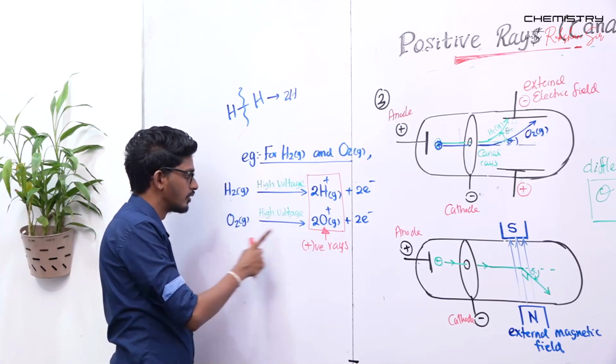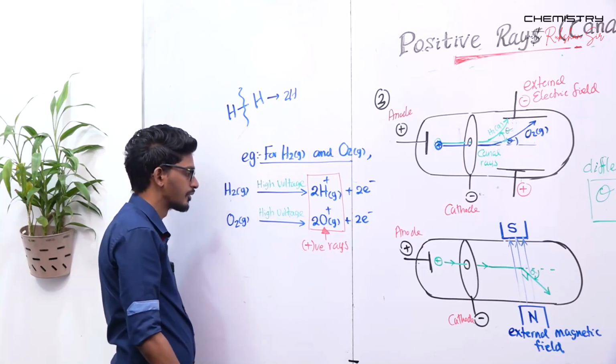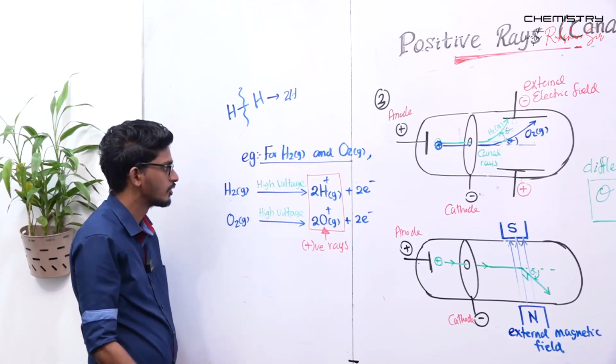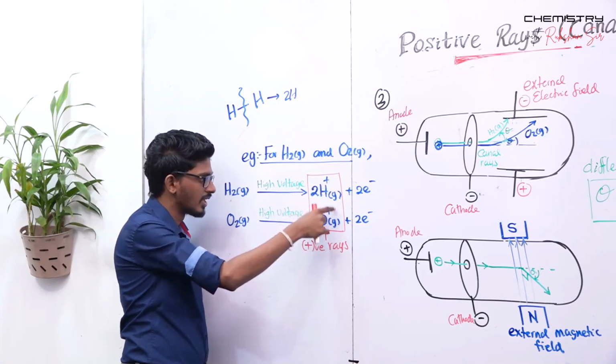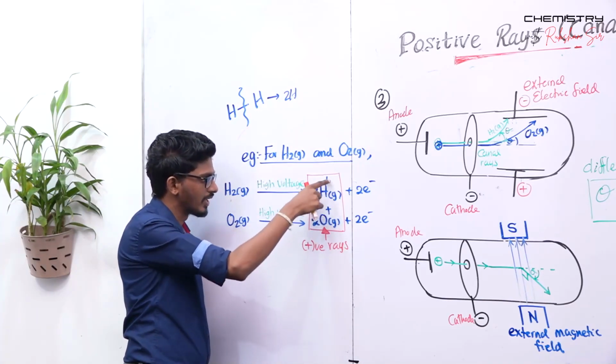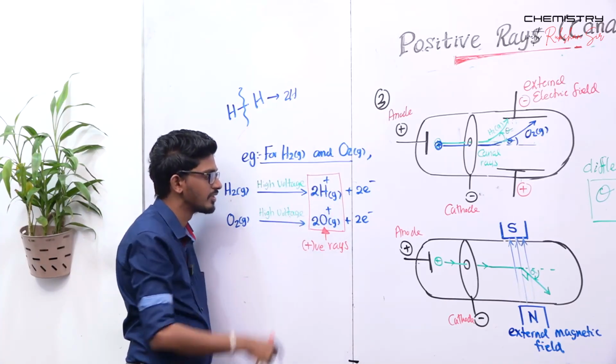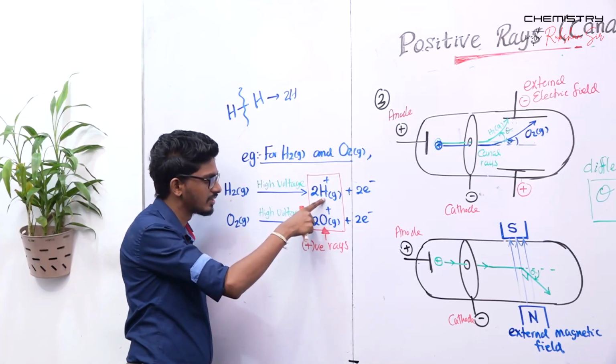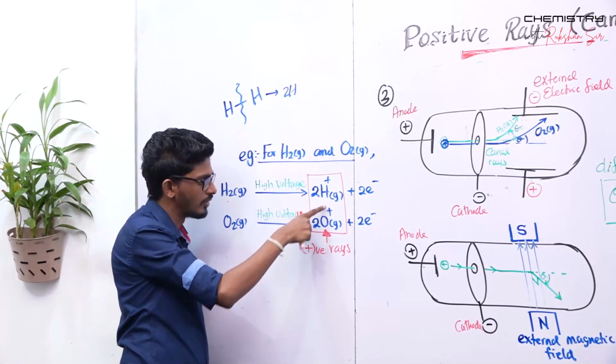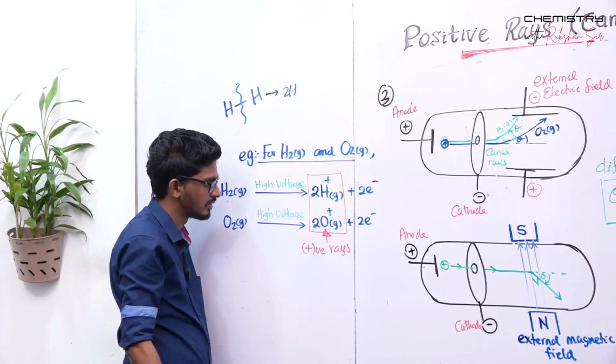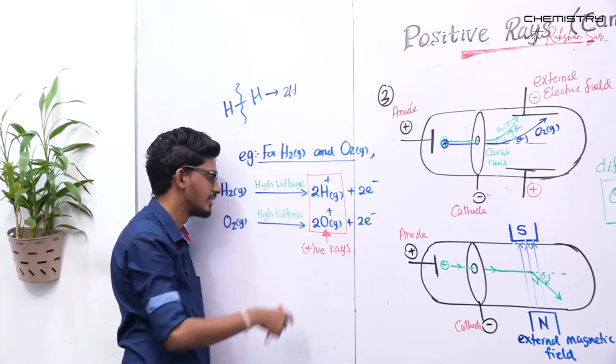With O2 gas you get O plus as the positive rays. Both carry the same charge, but the mass differs. The mass of H is a smaller value and the mass of oxygen is a greater value.